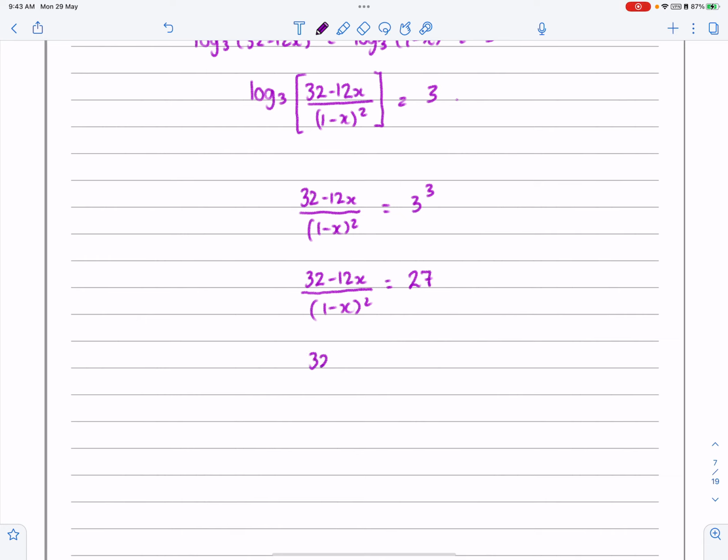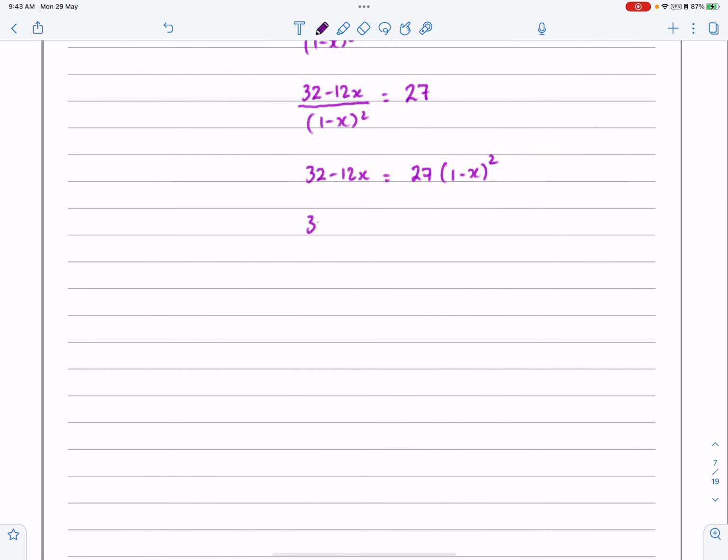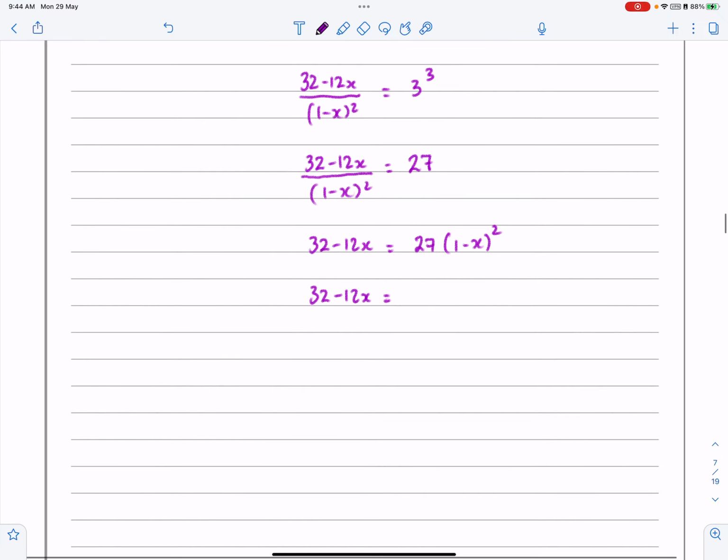So we get 32 minus 12x equals 27 lots of that. So at this stage, guys, I'm not going to spend any time talking to you about 1 minus x squared. So 1 minus x times 1 minus x, you can just work that out yourselves, I'm going to have that already done. 1 minus 2x plus x squared.